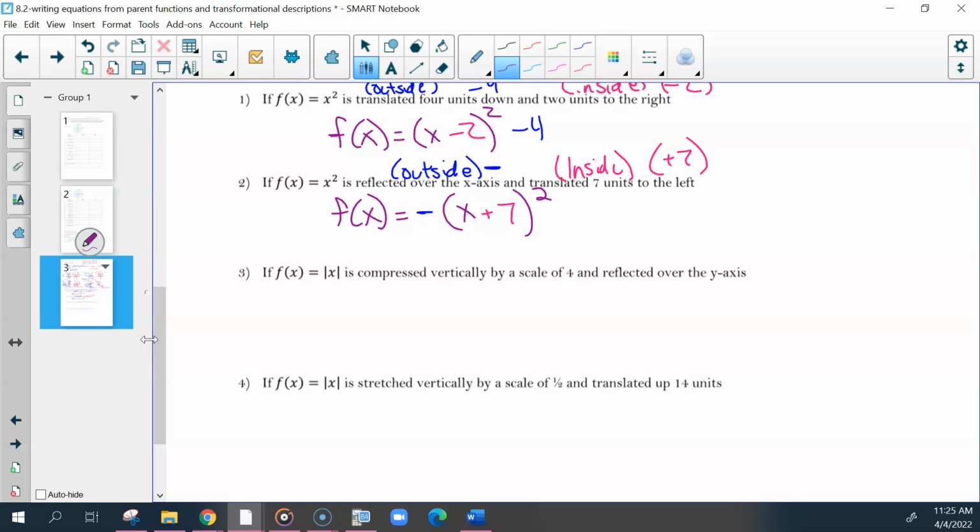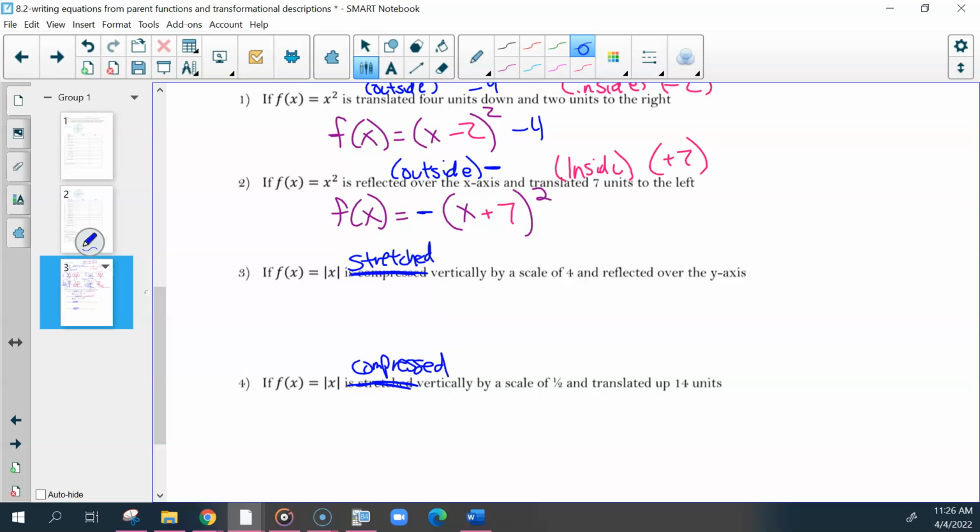Okay. Now we're changing the parent function. Now it's absolute value instead of x squared. Compress vertically by, oh, these should be switched. This is stretch and this is compressed. Those were typos. It's nice with compressions and stretches because they tell you whether it's vertical or horizontal.